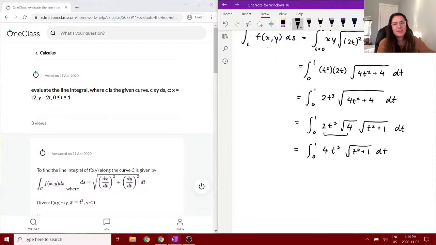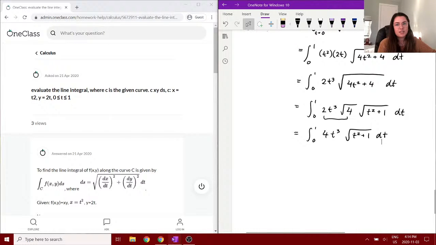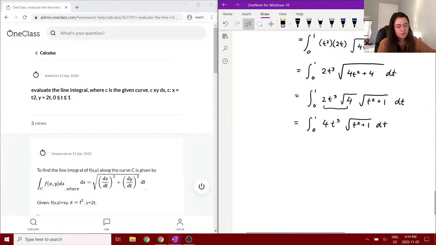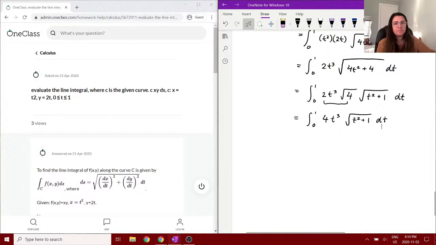Okay, now that we're at this step, we have to figure out how we are going to take the integral of this. In order to take the integral of something like this, with the term under the square root, we are going to do a substitution. I'm going to say let u equal t squared plus 1.